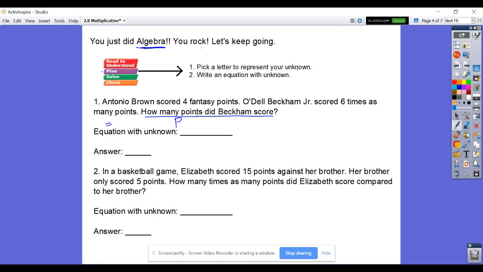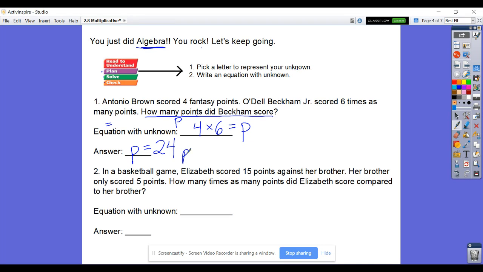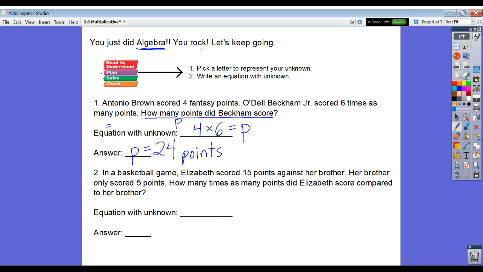Antonio Brown scored 4 fantasy points, and then Odell scored 6 times as many, sorry. And that's going to equal the points, P. And so our answer, 6 times 4, is P equals, right, like a true mathematician, P equals 24 points. Now that it's a word problem, we also have to include our units there.